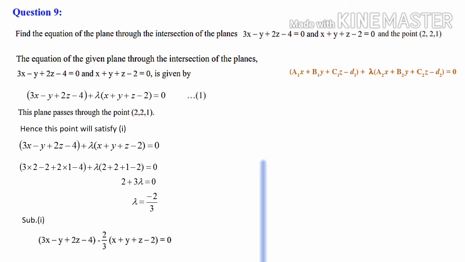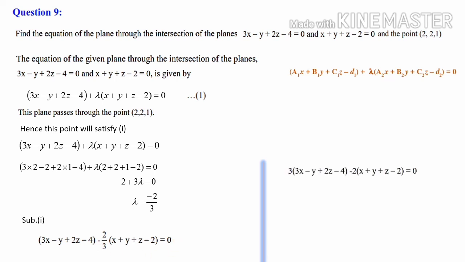Go for calculation. Here the denominator is 3. Let's take it as a common denominator, which means we have to multiply by this 3, and the common denominator 3 multiplies with the right side 0 by cross multiplication, so the right side stays 0.